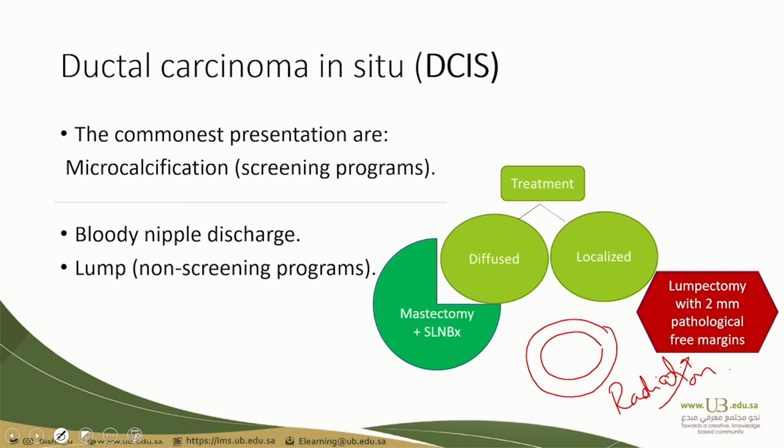So any patient who underwent lumpectomy for localized DCIS should go for radiation therapy of the breast to decrease the recurrence. At the same time, if this DCIS is ER, PR positive, then those patients will take hormonal therapy.